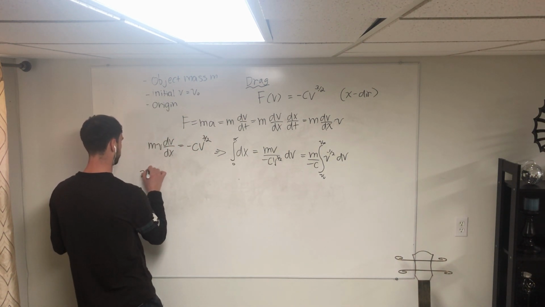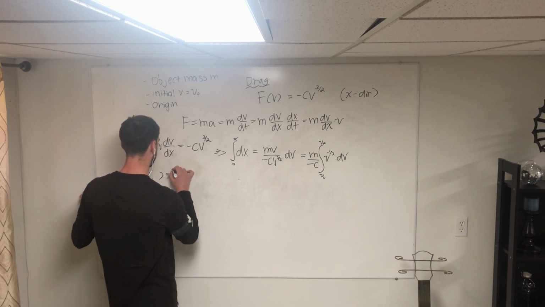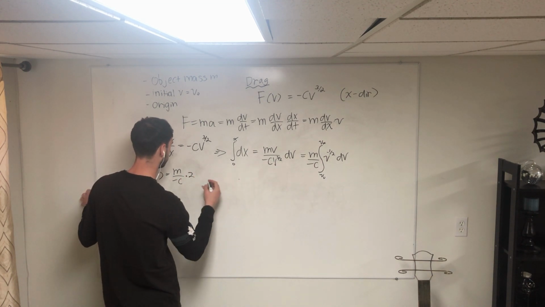So we get x equals m over negative c times 2. After you integrate it, it's a pretty easy integral.